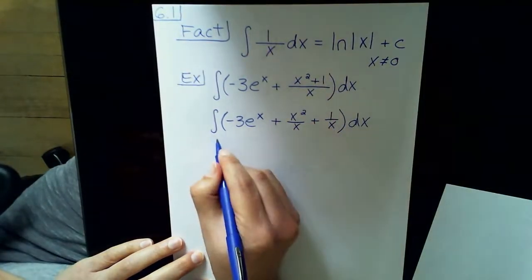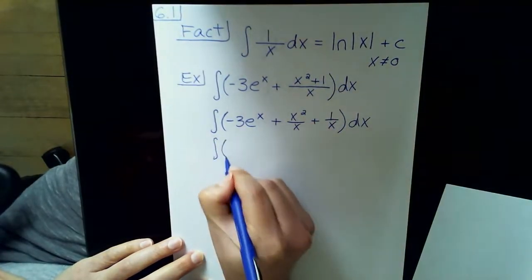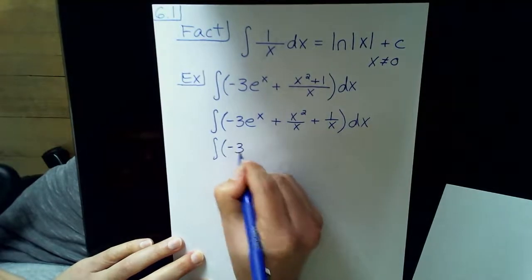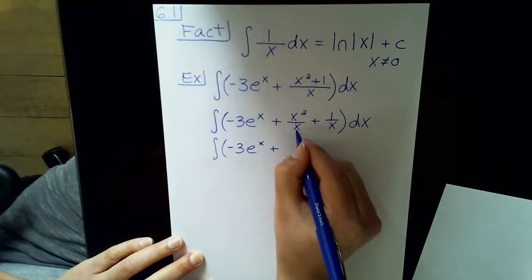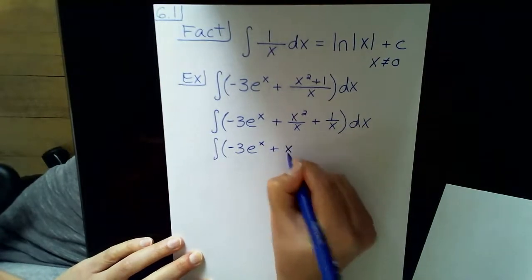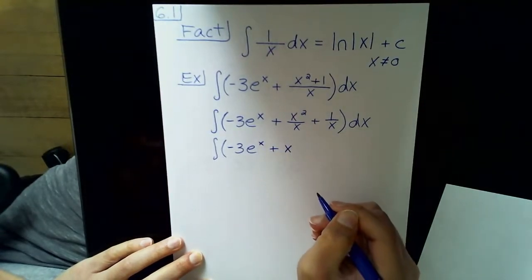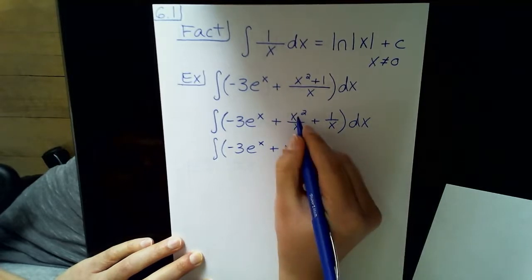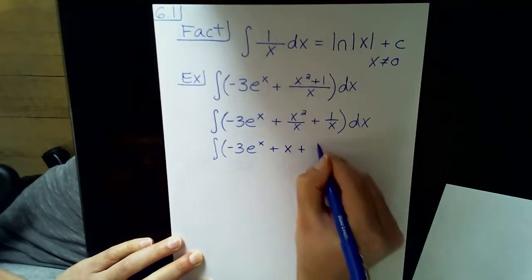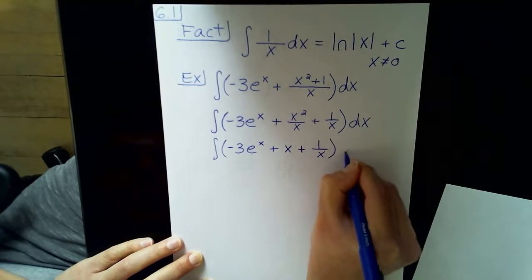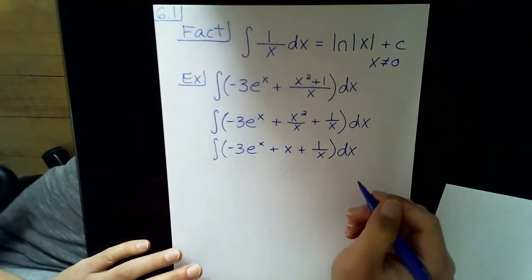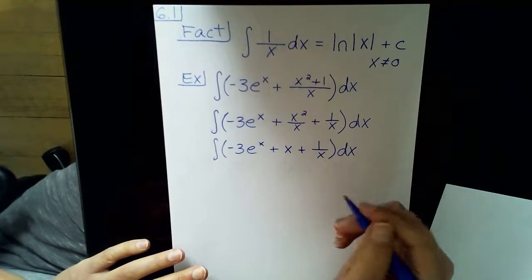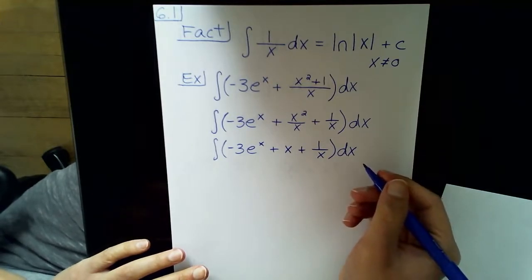From here, we'll simplify one more time. The integral of negative 3 e to the x plus x squared over x is just x. And then from here, we have plus 1 over x dx. And now we can take the antiderivative of each term separately.